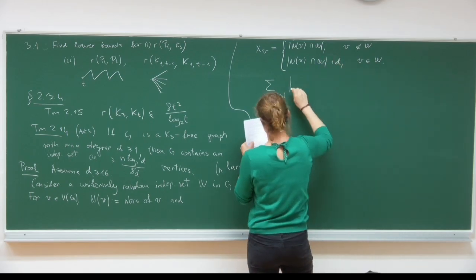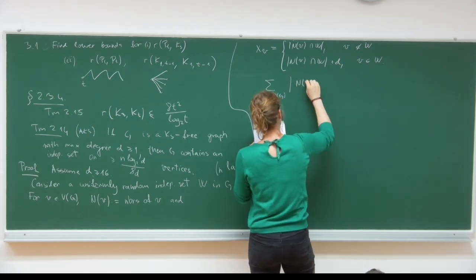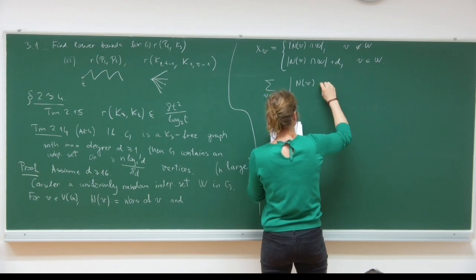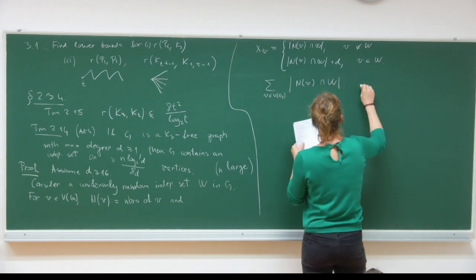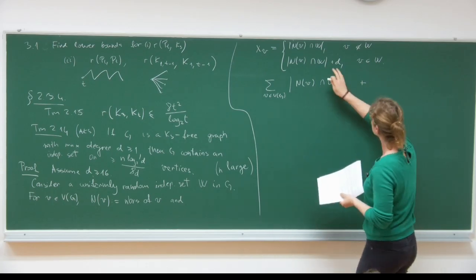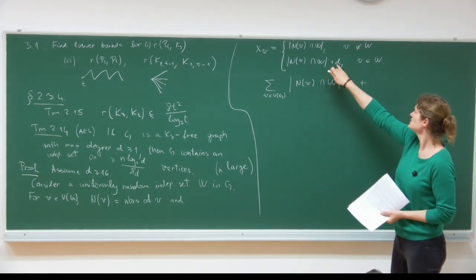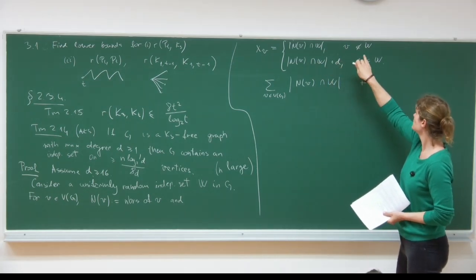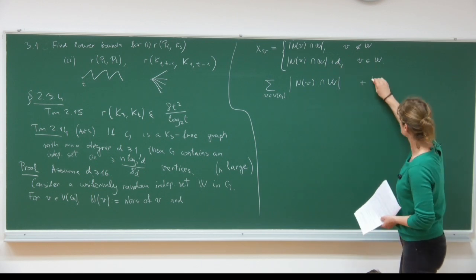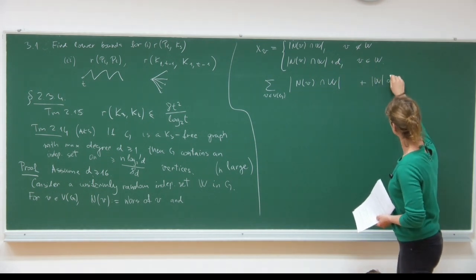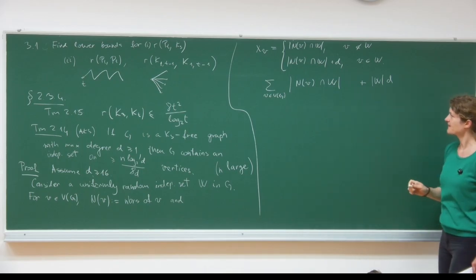And for the other term, it's even easier. For each vertex in W, we get an extra summand of D. So this contributes precisely |W| times D.